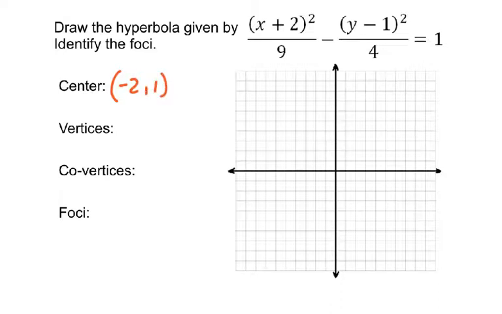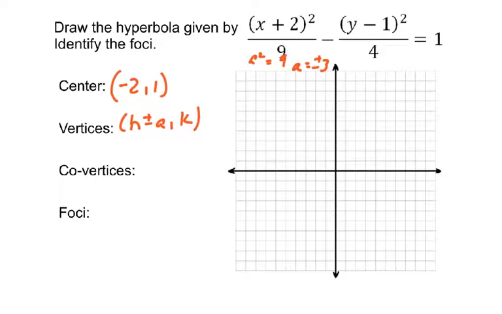Our vertices are going to be (h plus or minus a, k), since we have x as our positive term. And so we know that a is 3, because a squared is 9, so a is plus or minus 3.